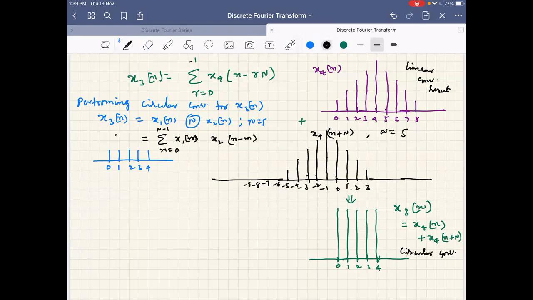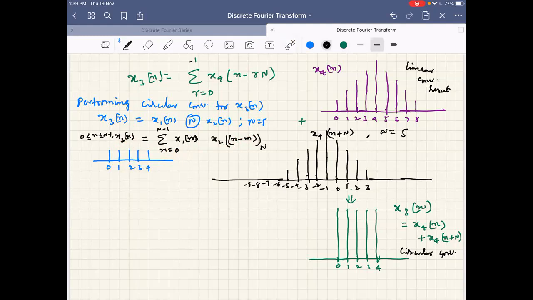This is what we have written for x3 of n. Here n also varies from 0 to N minus 1. So we take the first sequence, flip the second sequence first because the running index is m, and shift it by n units. Initially n may be 0, but in other cases it may not be in the range 0 to N minus 1, so we apply the modulo N operation.